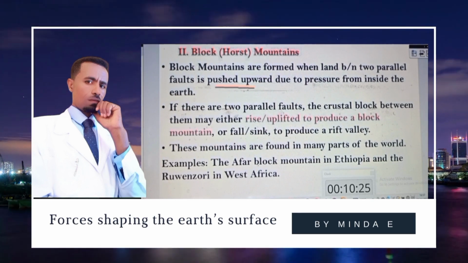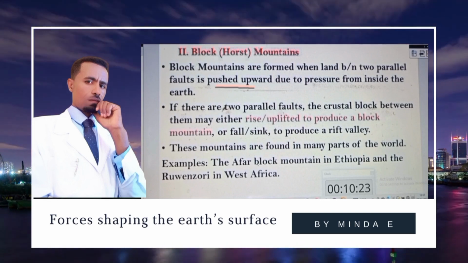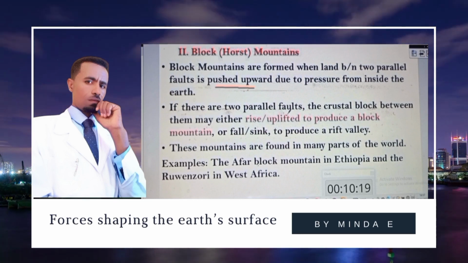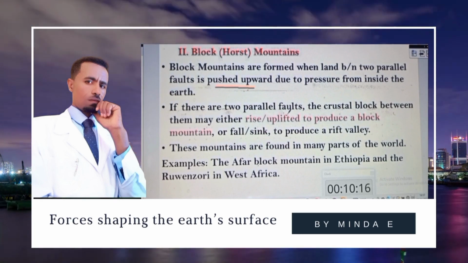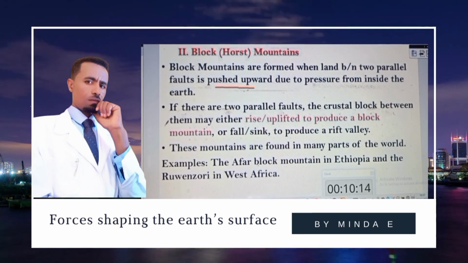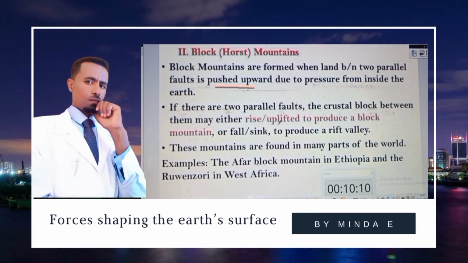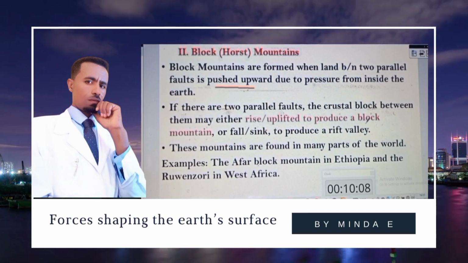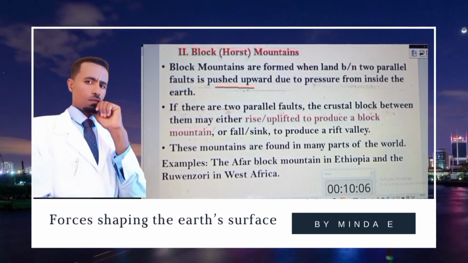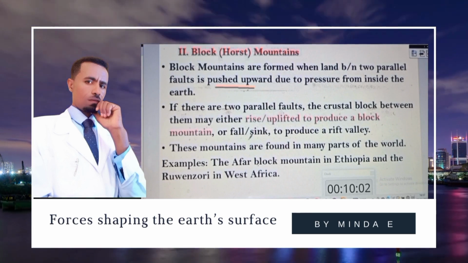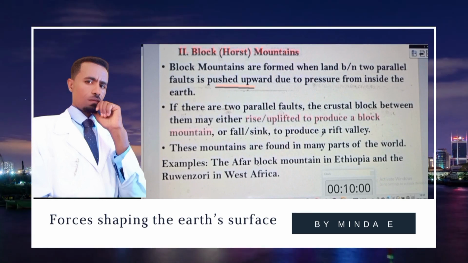If there are two parallel faults, the crustal block between them may either rise, or be uplifted, to produce a block mountain, or fall or sink to produce a Rift Valley.